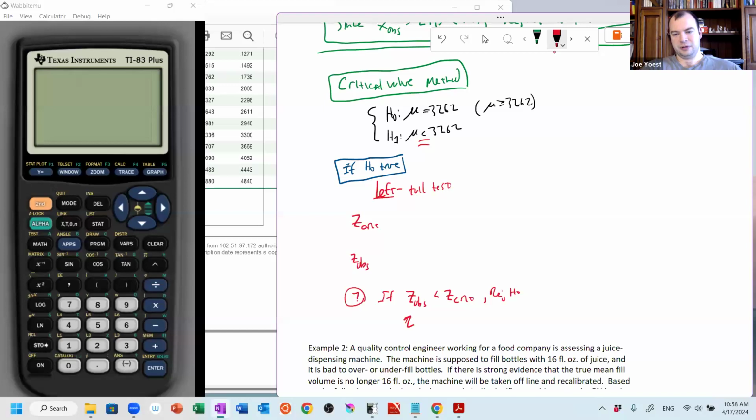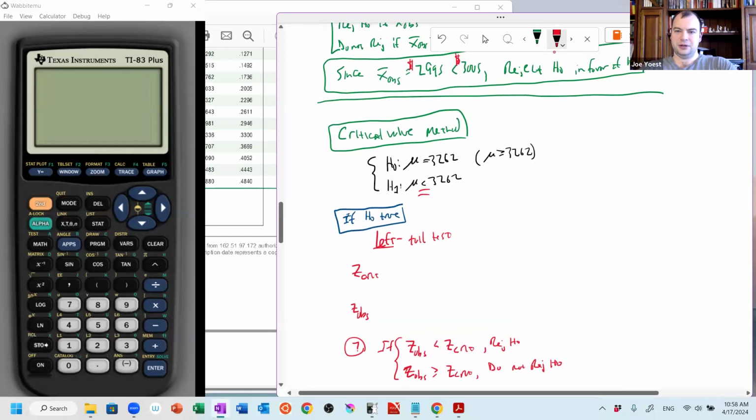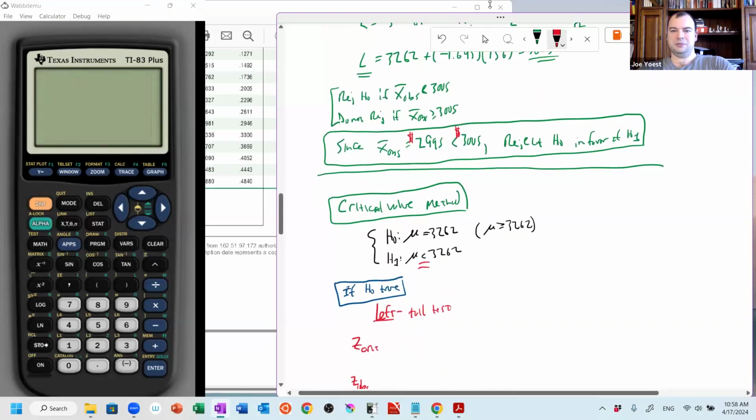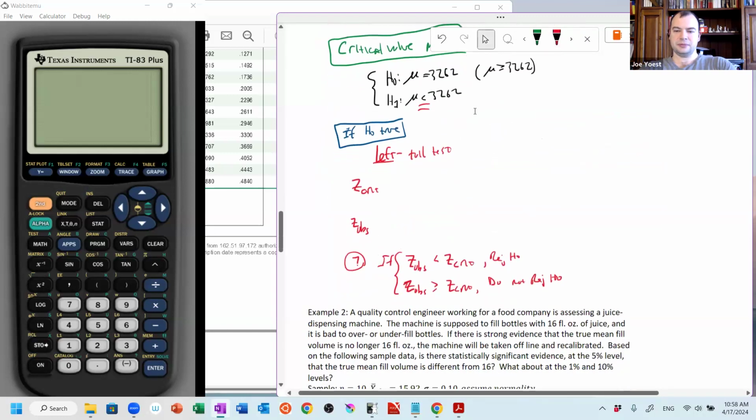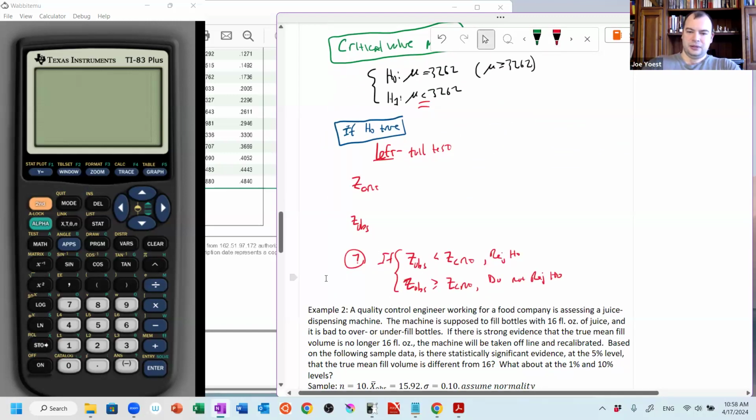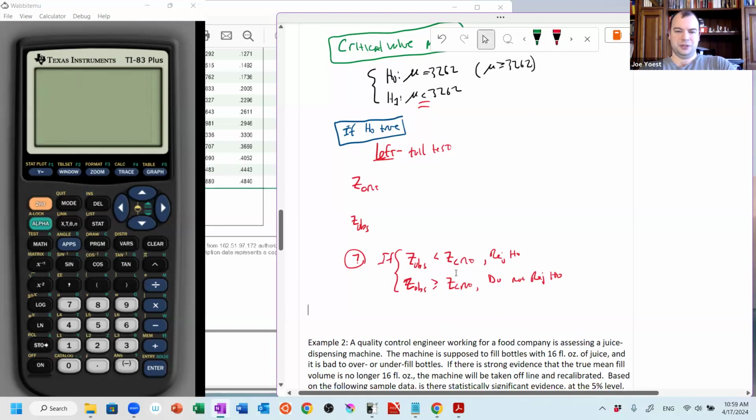Otherwise, if Z observed is bigger than or equal to Z critical, do not reject H naught. So my decision criterion looks very similar to the statement with X bar observed versus a number. But the difference here is we're using z-scores.